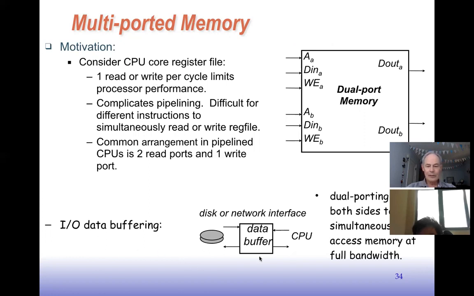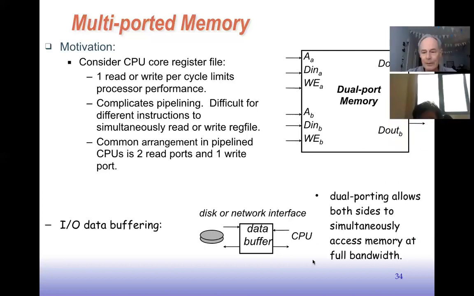For instance, let's say we have a connection to a network, or I show a disk here, connection to the CPU, and we'd like to be able to have kind of a dual porting idea where we can allow simultaneous access to this memory, the buffer. This buffer is acting like a go-between for the CPU and the disk.